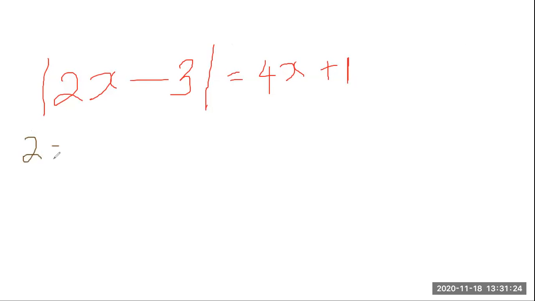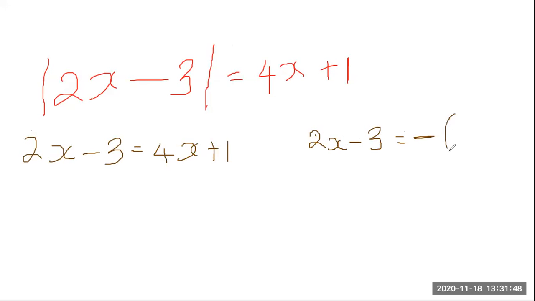So my 2x minus 3 would equal the positive of it. So I just keep it the same. And then I would also have 2x minus 3 equals the negative of the whole thing.